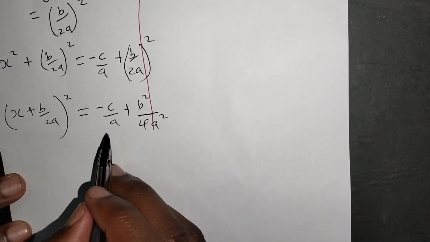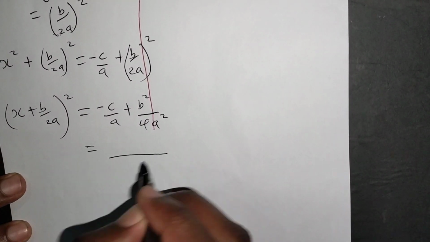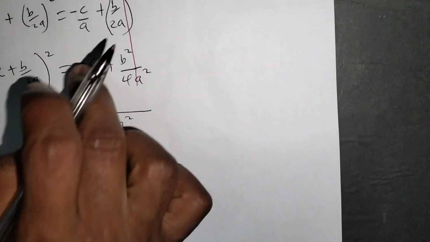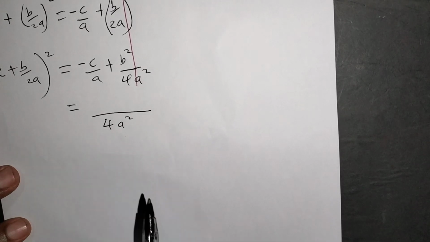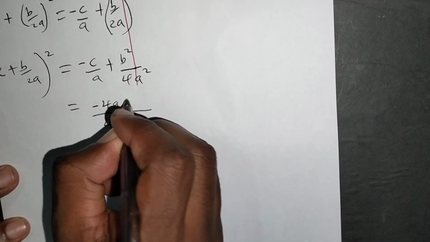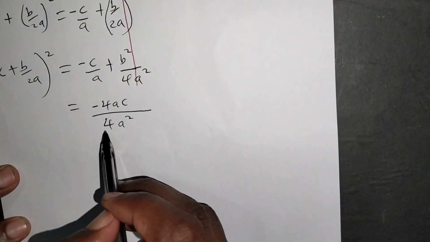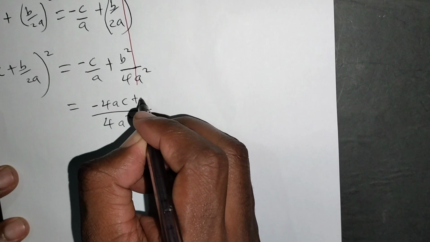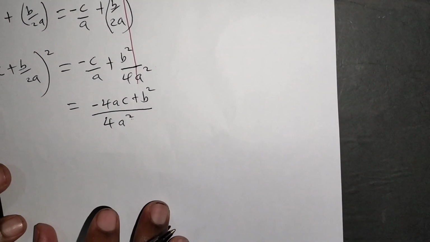From here, the LCM on the right hand side is 4a squared. So a goes into 4a squared 4a times. So 4a times negative c, I'm going to get negative 4ac. Then 4a squared into 4a squared goes one time, 1 times b squared, I'm going to get positive b squared.